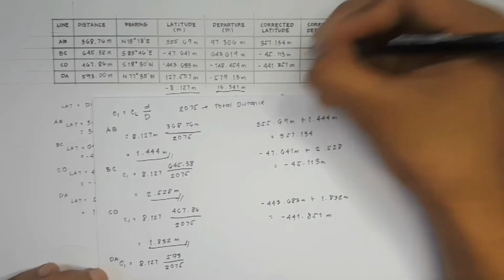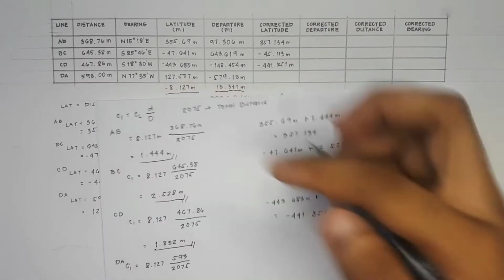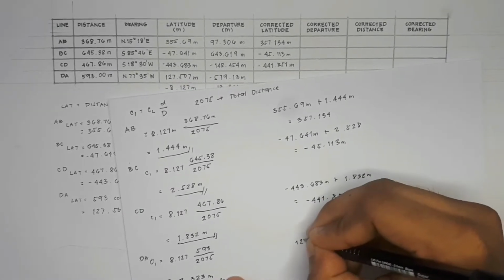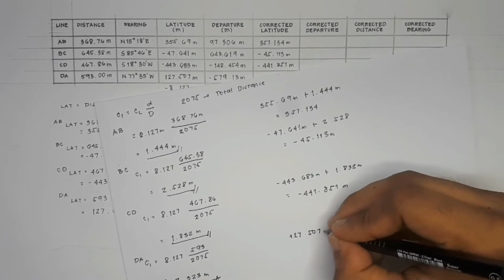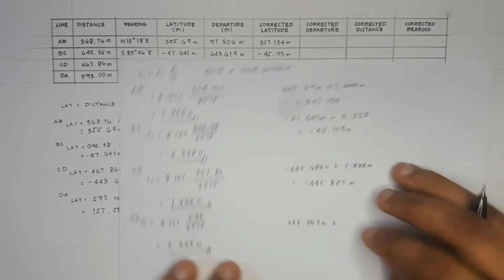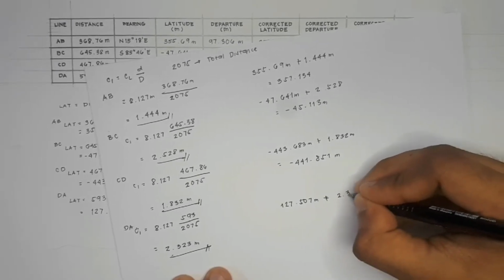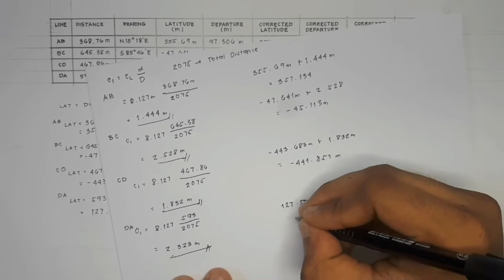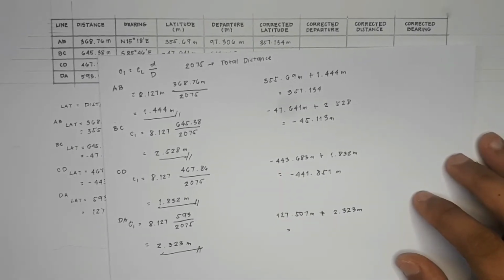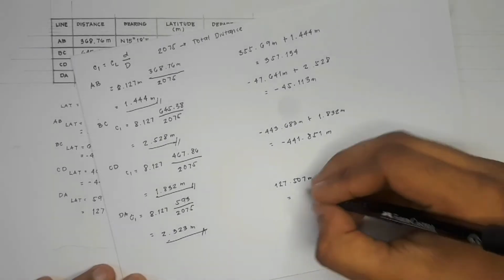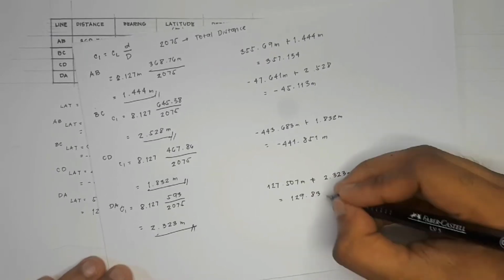Now for our last line, we have its latitude 127.507 meters plus its correction, which is 2.323 meters, and this will give us 129.83 meters.